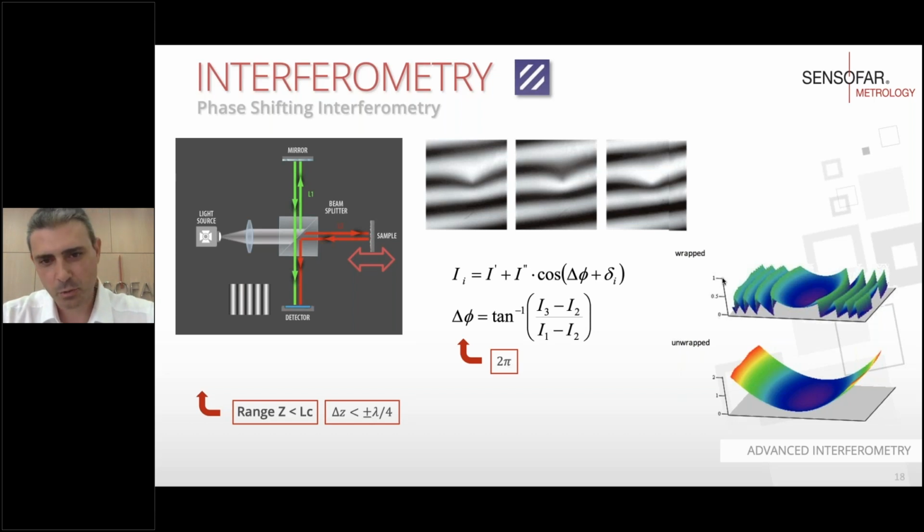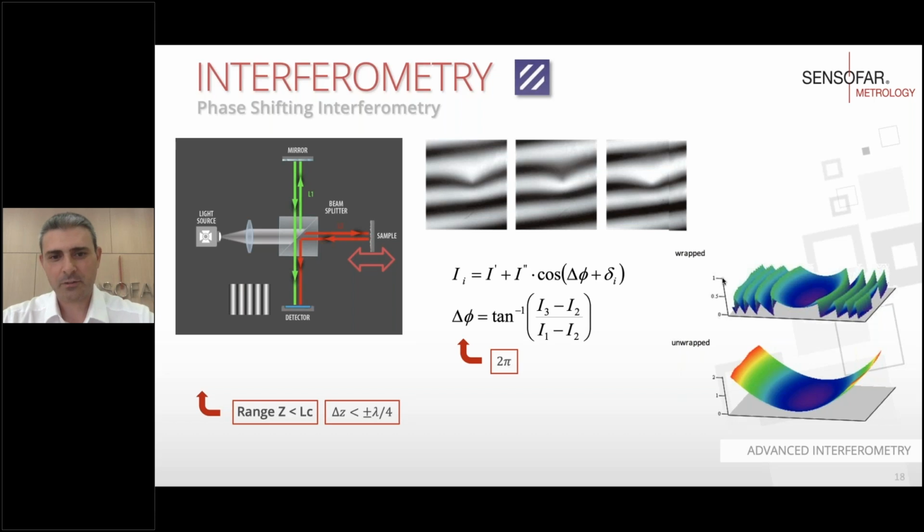By doing this 3 times, we have 3 sets of different intensities, like the ones we see on this slide. And it's very easy to show that the phase can be retrieved by the arctangent of this equation here, I3 minus I2 divided by I1 minus I2.